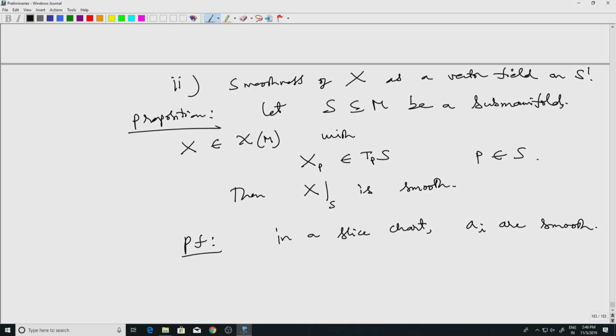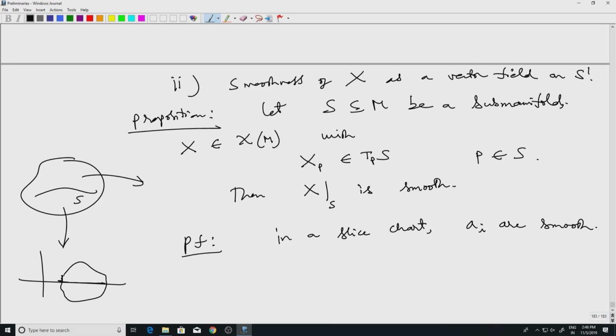So here's a submanifold S. The slice chart is essentially putting the submanifold S in R^k. So this is R^k and S is going to this part under a slice chart. So these a_i are functions here as I defined.